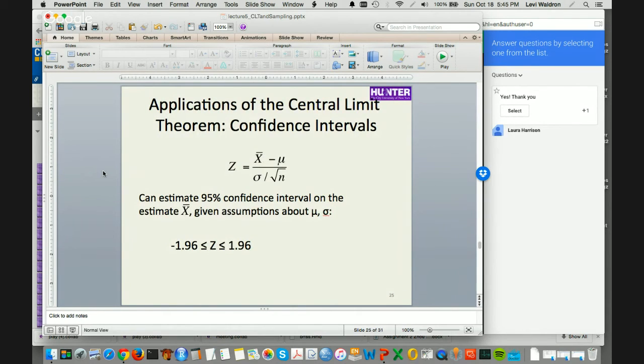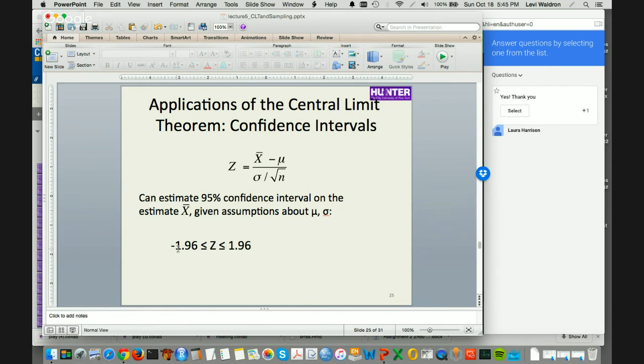And I'm going to get into more about the mechanics of actually doing that in the next class. But you can see from this equation here that if you plug in minus 1.96 and 1.96 here and center your distribution at 0, then your confidence interval will be where some numerator over the standard error equals 1.96 and minus 1.96.